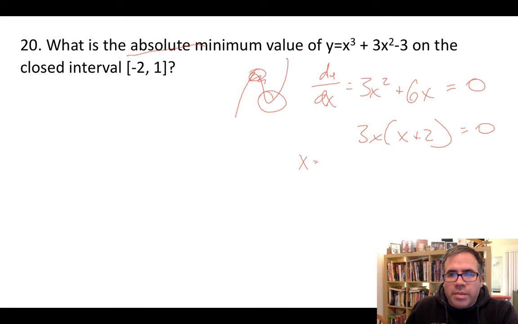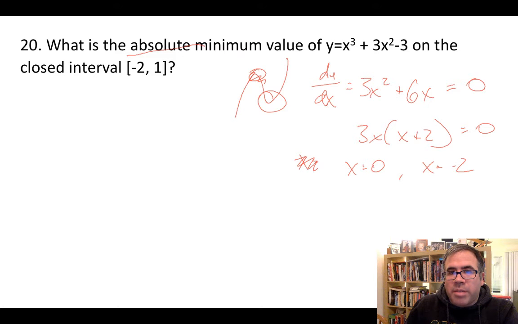So dy/dx equals 0 when x equals 0 or x equals -2. And both of these are fair game. They are both in the interval. However, I happen to notice, and this is outside information, just an extra bonus that'll speed up the problem solving process.